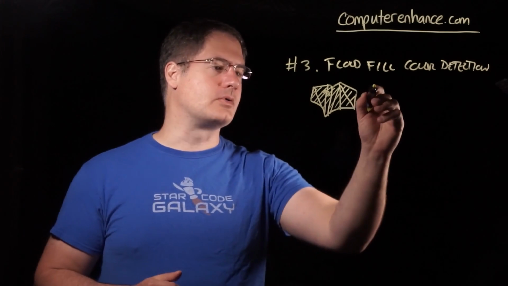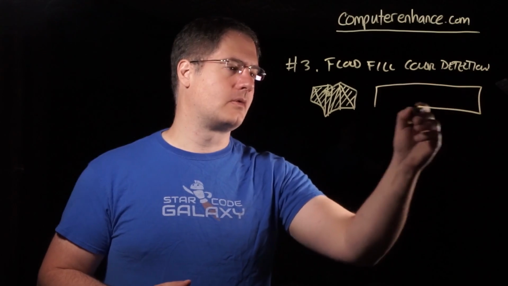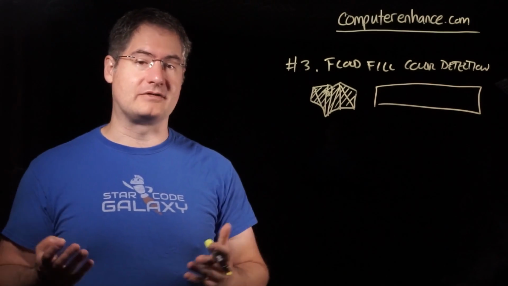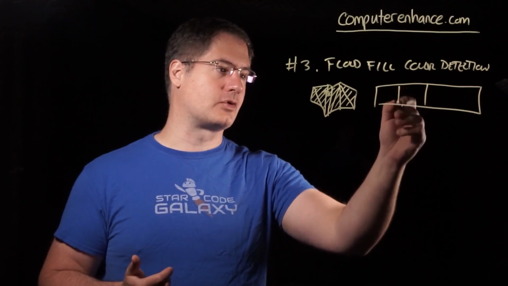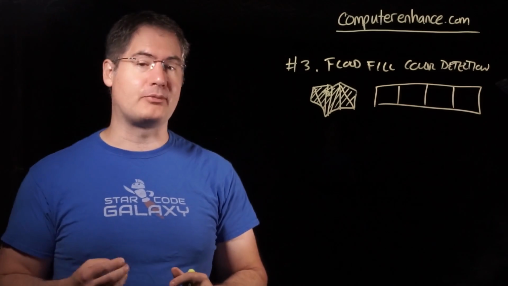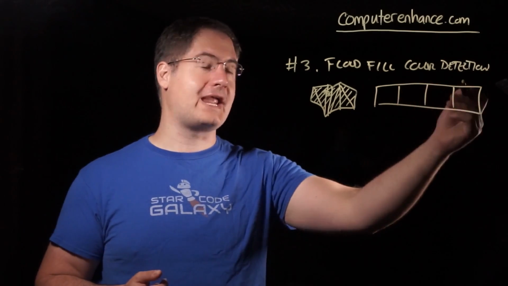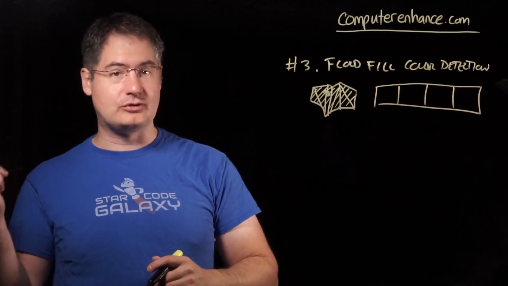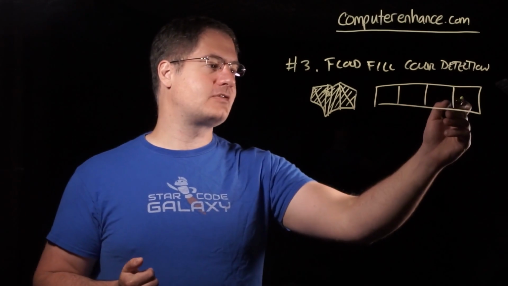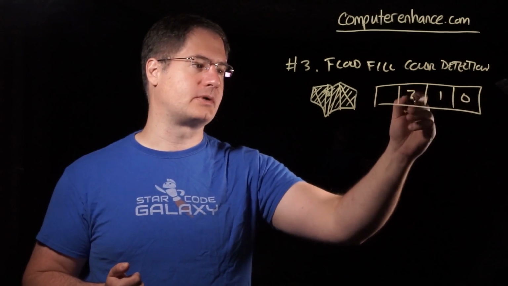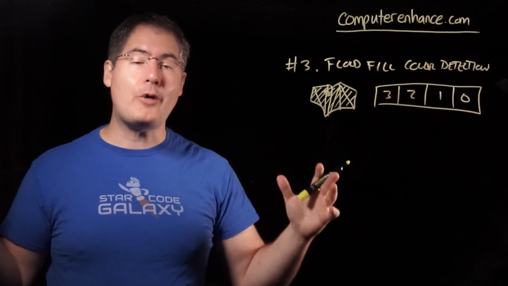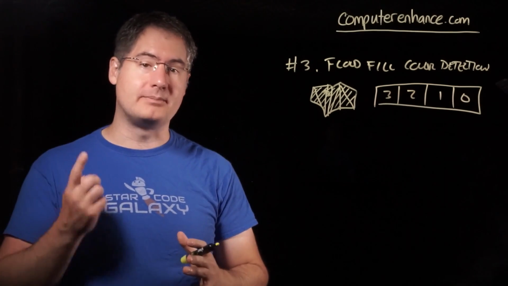So in that mode, pixels are 2 bits because there are 4 colors per pixel. That means a byte, which has 8 bits, holds 2, 2, 2, 2, so you're going to get 4 pixels in here: pixel 0, pixel 1, pixel 2, and pixel 3, all packed into 1 byte.